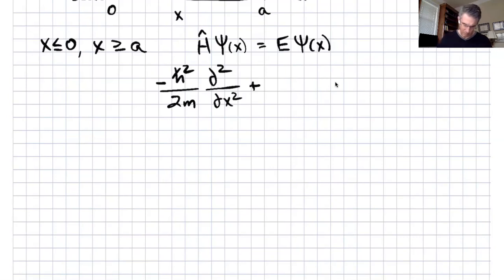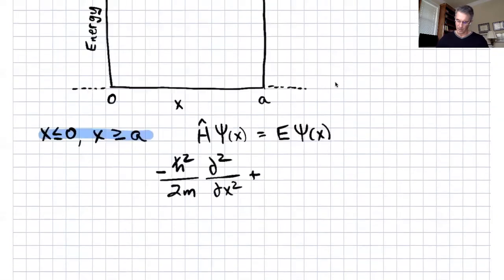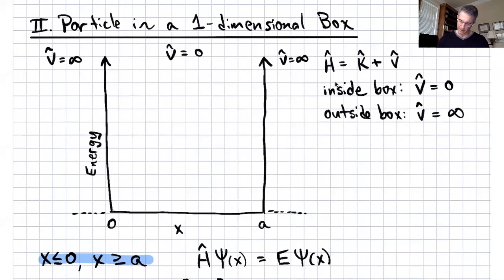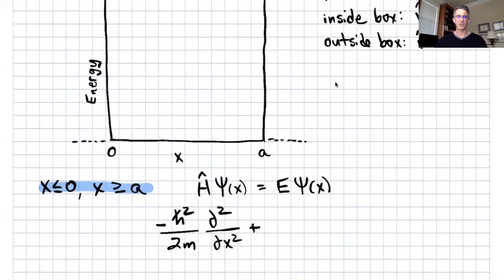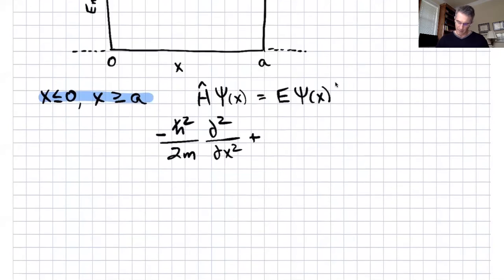Plus, remember, for our first case here, we are outside the box, which means, remembering that the Hamiltonian is a sum of the kinetic and potential energy operators, that we have to add the potential energy term. And because the potential energy is infinite outside the box, we have this infinity term.